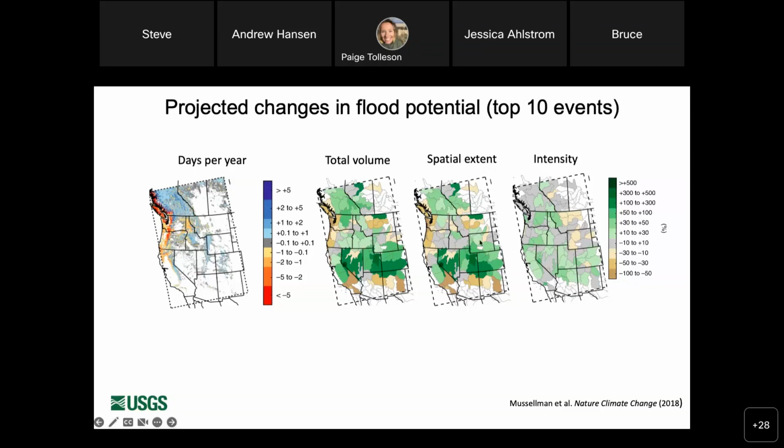So more extent, more water, but maybe no increase in the intensity. And this is a modeling study, so it does have some limitations, but I think it's a good example of what we might be able to expect in the future, or at least it's an indication of the direction things might go.